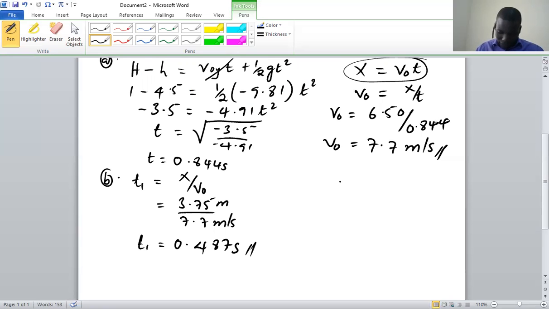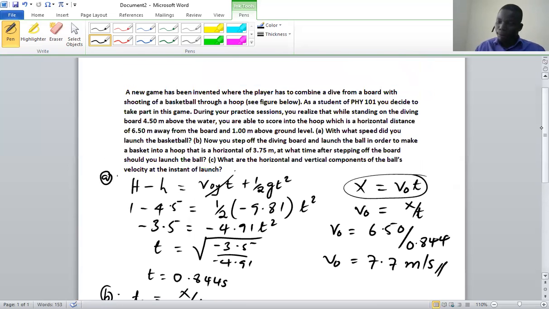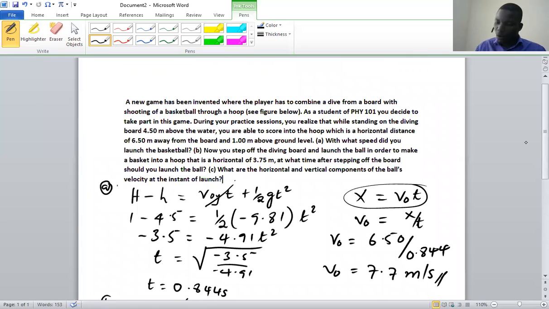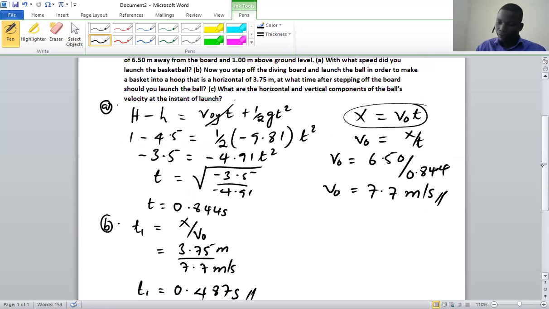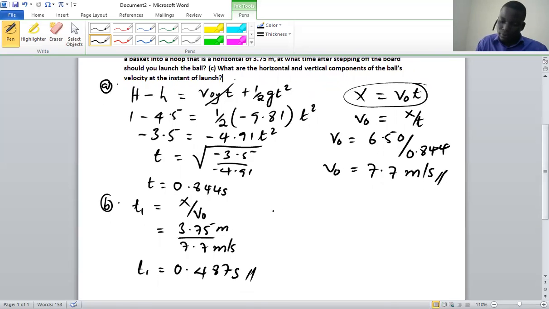Now from here we get to calculate the time that we've been asked to find after stepping off the board. After stepping off the board, at what time should you launch the ball? Let me call it time prime. That will be the time that you need to launch the ball.